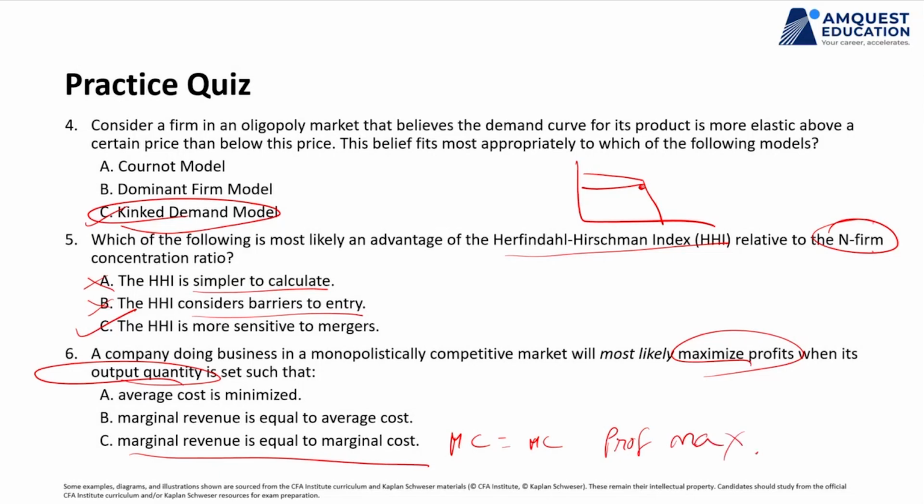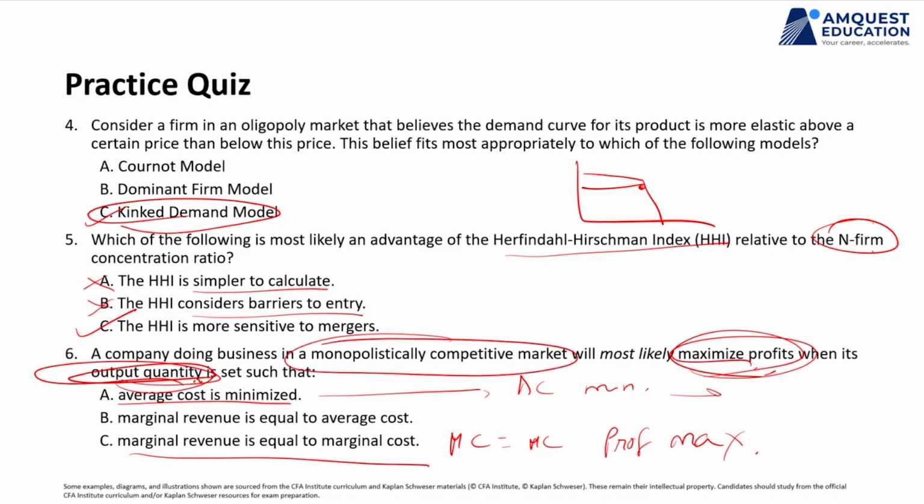But they are asking about output quantity, so when I say output, I look at average cost being minimum. This is a monopolistically competitive market, so output is set where average cost is minimized.